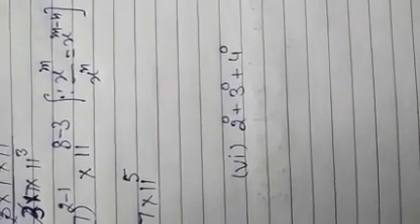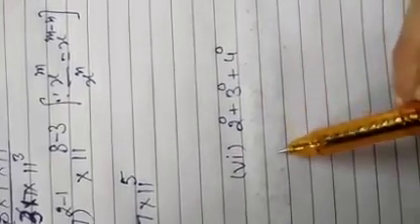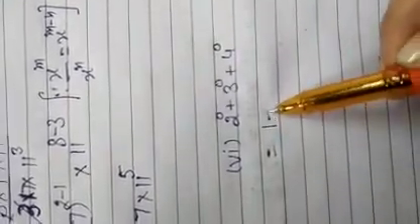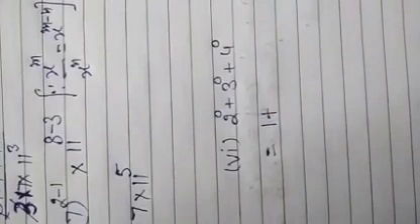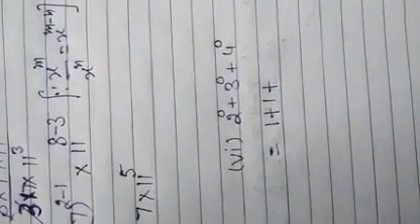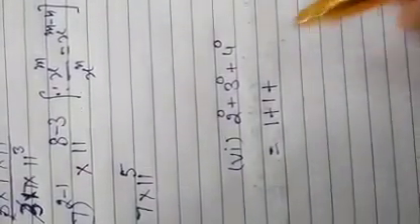So let us start. Here 2 raised to the power 0 will be written as what? It is equal to 1, plus again 3 raised to the power 0. What will it be? It is also 1. Then 4 raised to the power 0, that will also be the same, that is 1.